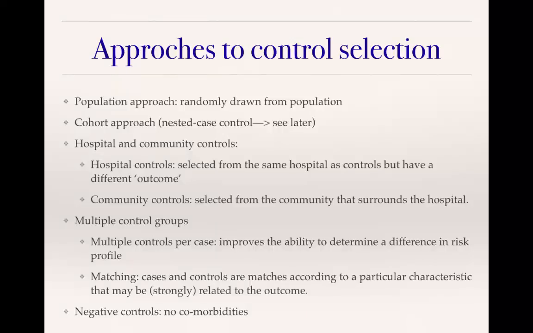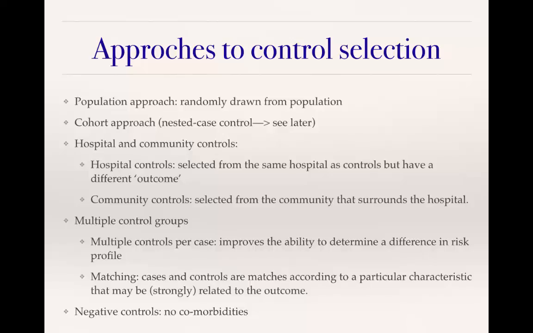Matching is a very commonly used control selection technique where it's not just using case control studies, of course, but we match for particular types of characteristics which may be strongly related to the outcome. An example is we match the cases and controls for age or sex.